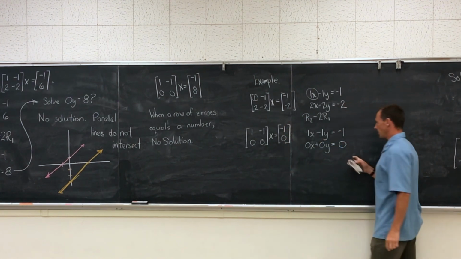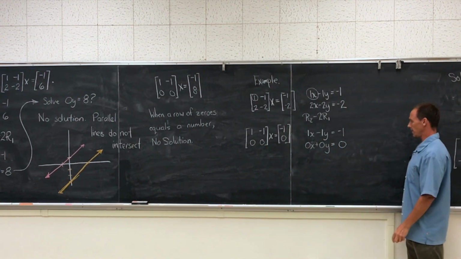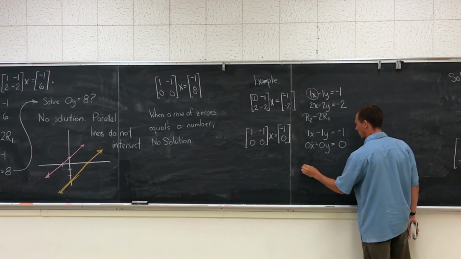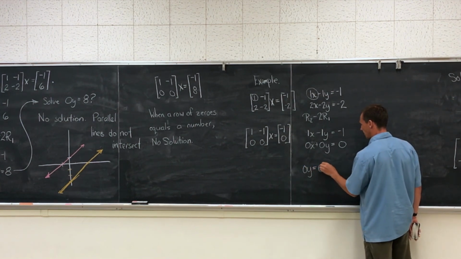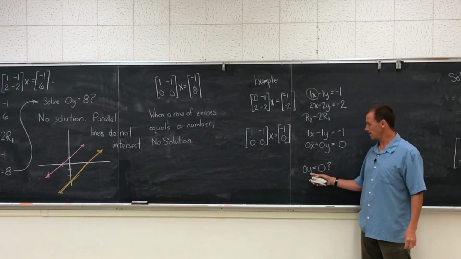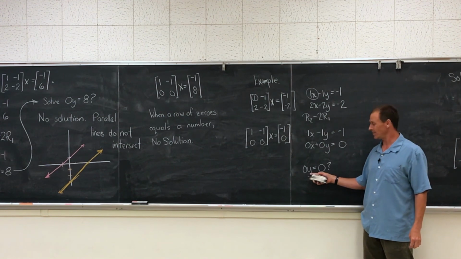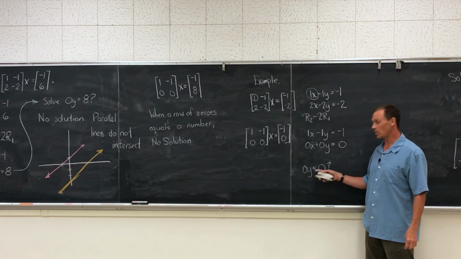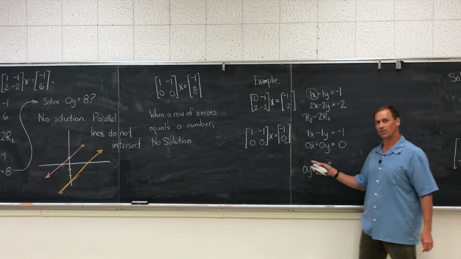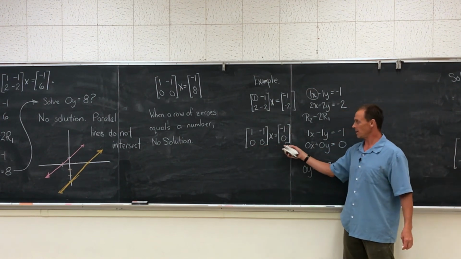Now, this says that we have to solve by back substitution, and the question is what is 0y equals 0? Well, the answer is that y can be any single number. This will always be true. You can't pick the wrong number. And look at how it's expressed in the form of the matrix equation.